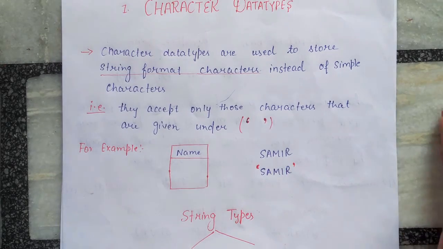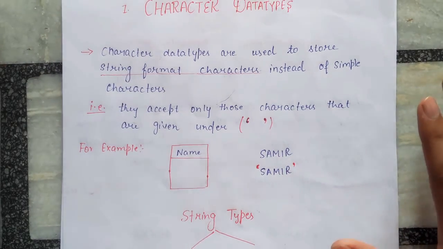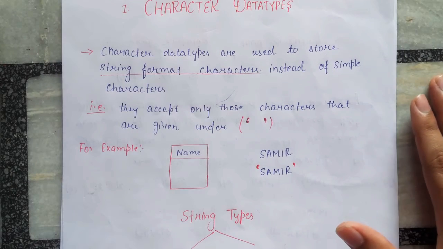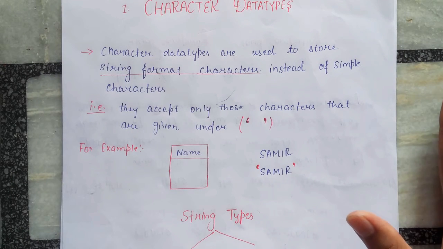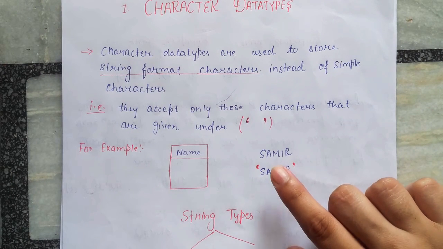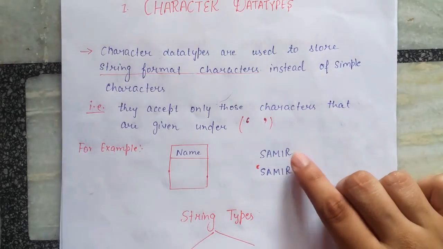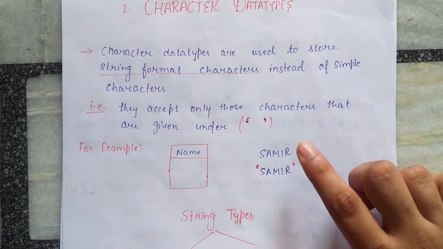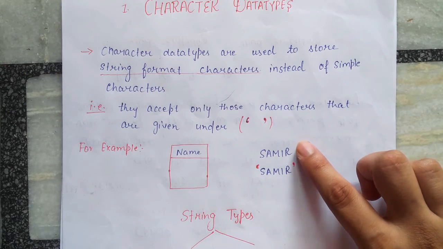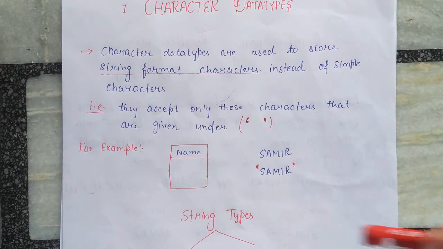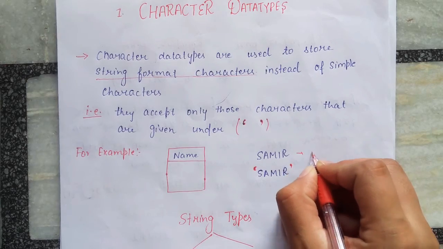So if we're creating a table and defining a column of character type, and we insert some value in this column, we must give that name under single quotation marks. If we try to enter the character value like this, it will not be considered; it will give an error message.